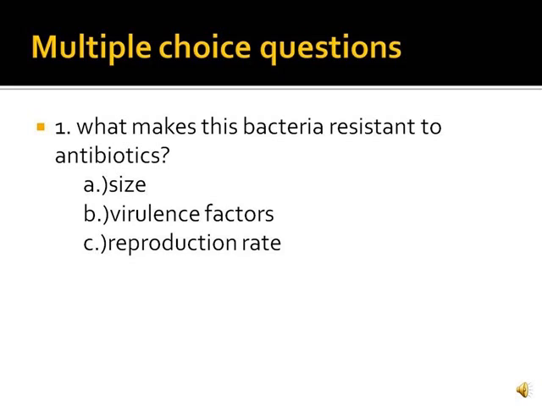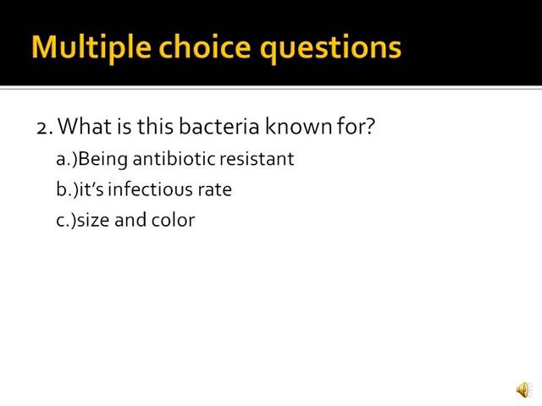So these are some of the multiple choice questions. #1, what makes this bacteria resistant to antibiotics? And the correct answer to that is B, it's virulence factors. #2, what is this bacteria known for?